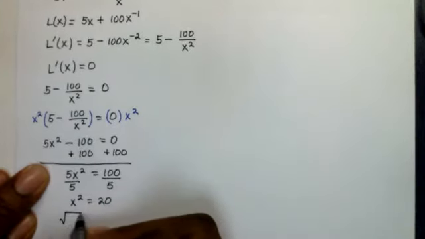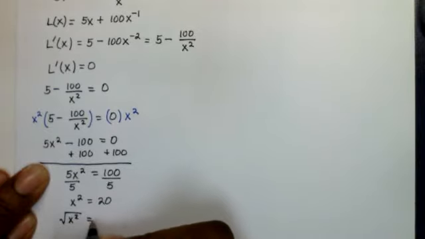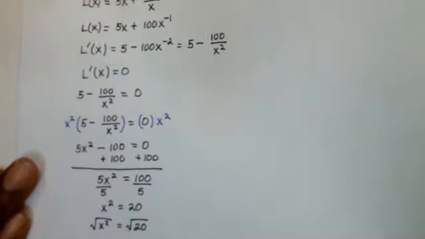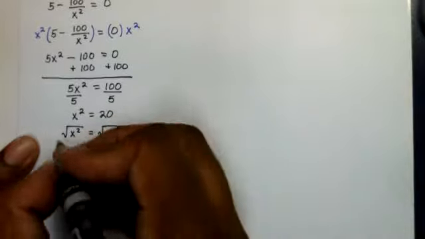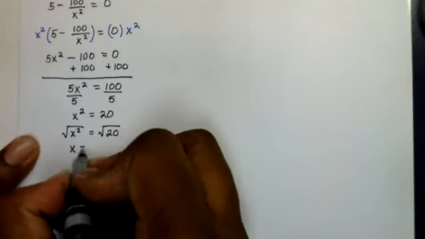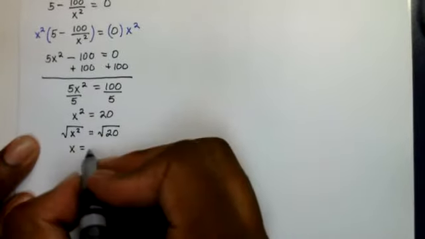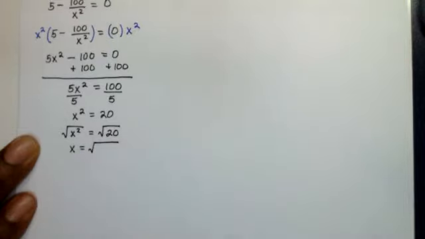And then if I take the square root on both sides, I'm going to leave off the plus or minus and just deal with the positive part because we know length can't be negative. Okay. So the square root of X squared would just be X, and that's equal to, for the square root of 20, I need the largest perfect square that goes into 20.